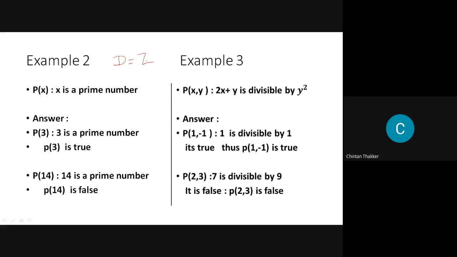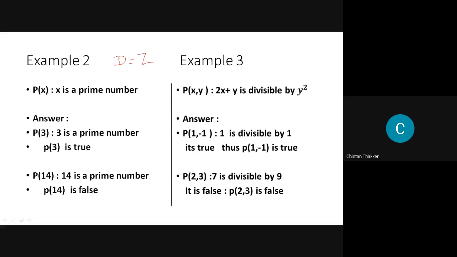When x is a prime number, P(x) is true. If x is a non-prime number, then P(x) is false. So if we take x equal to 3, then P of 3 is true. If we take x equal to 14, then P of 14 is false because 14 is not a prime number.